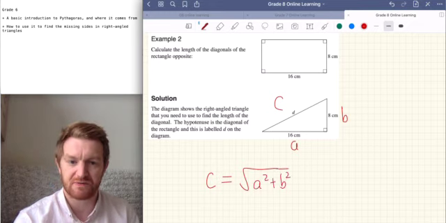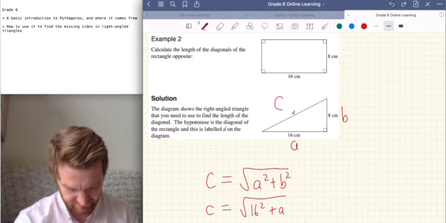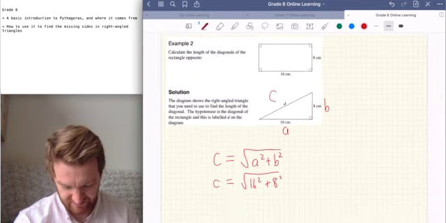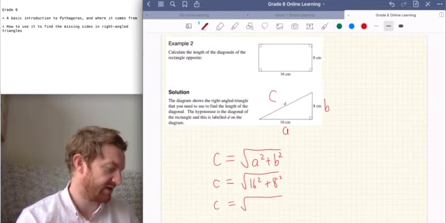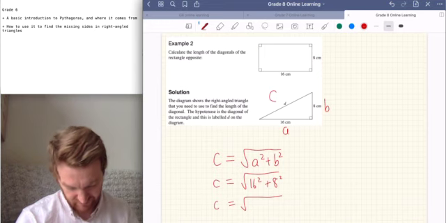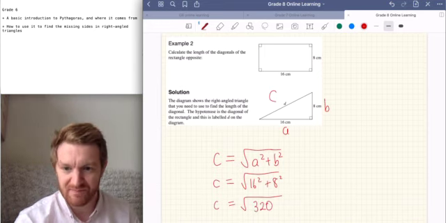Adding together because we want to find the longest. Put in the numbers. Oh no, it's 8 squared, sorry. So we do 16 squared, which is 256, plus 8 squared. And that gives us a square root of 320. 320 can be simplified.